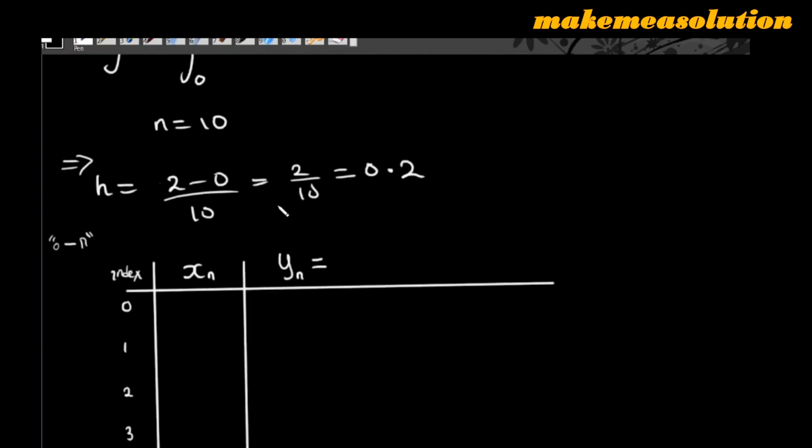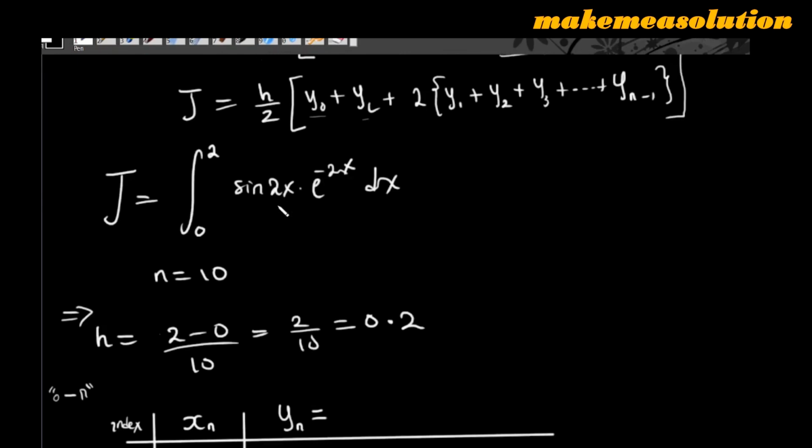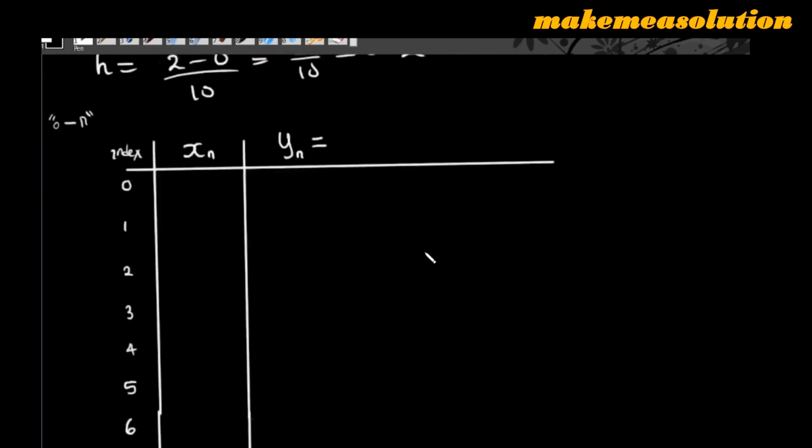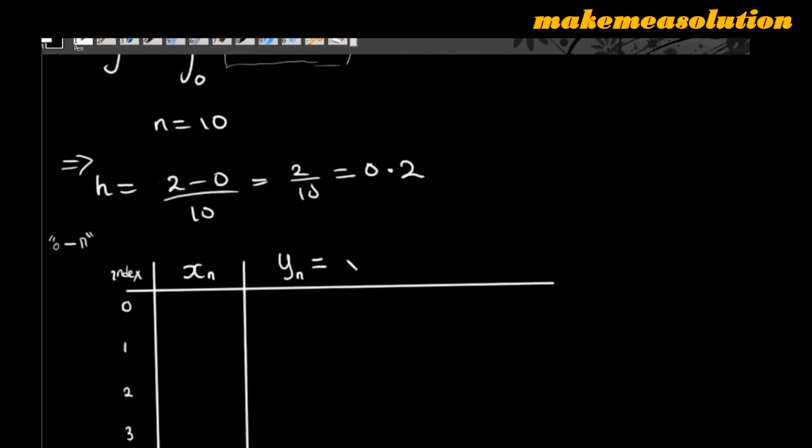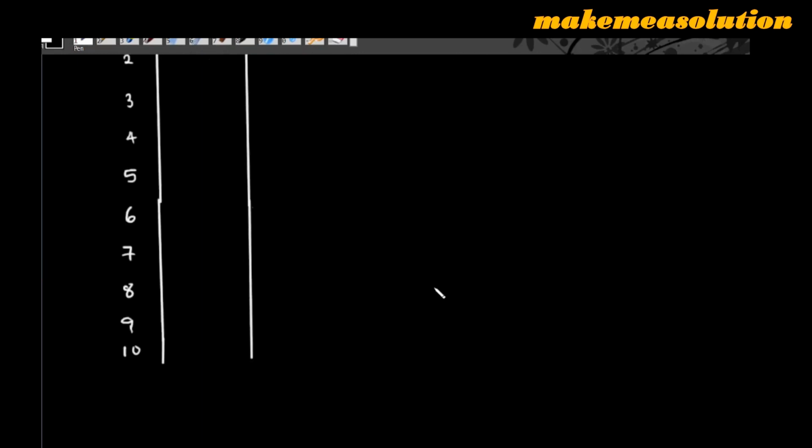In this case, what we have is sine 2xn, then exponential minus 2xn. Is that okay? So this is what we are going to be evaluating.